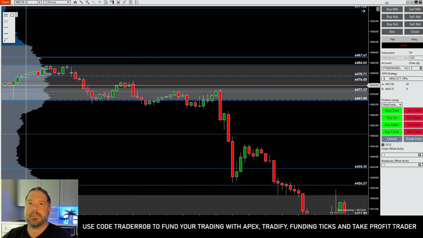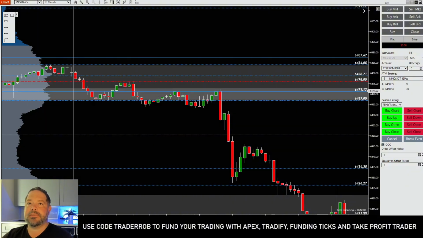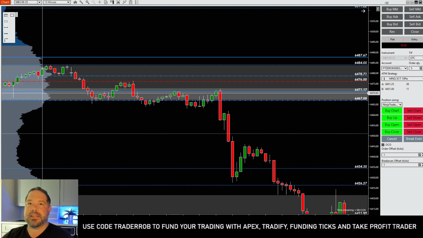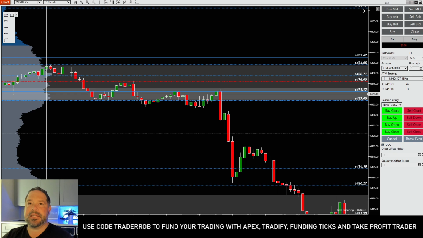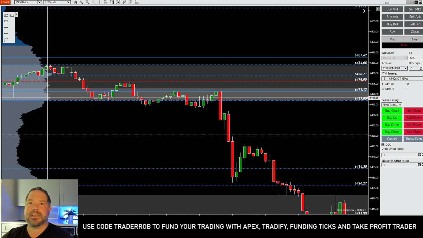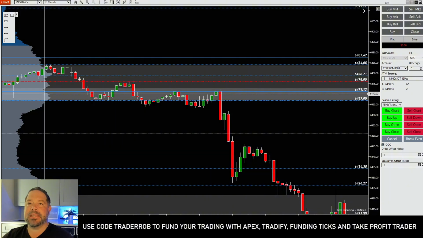And the reason why I'm not so super excited about this area as an entry is I want to be on the other side of this high volume node peak right here that you guys can see right at that 64, 67, 68 area. I want to position myself underneath that and use that peak as a buffer for protection on my stop loss.